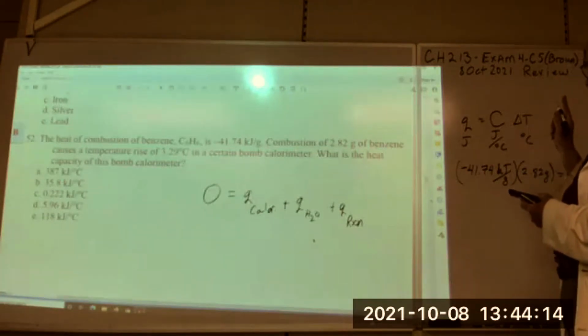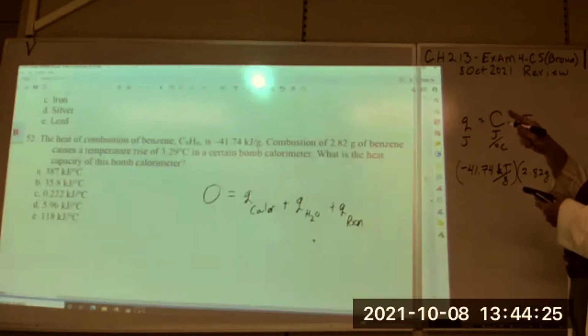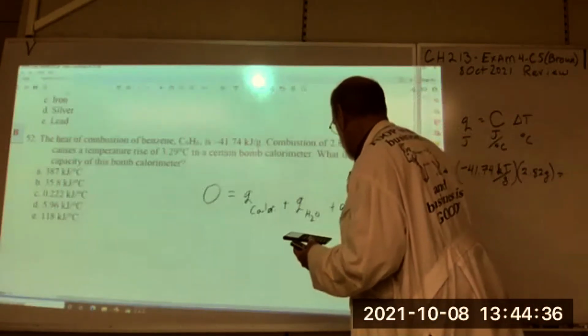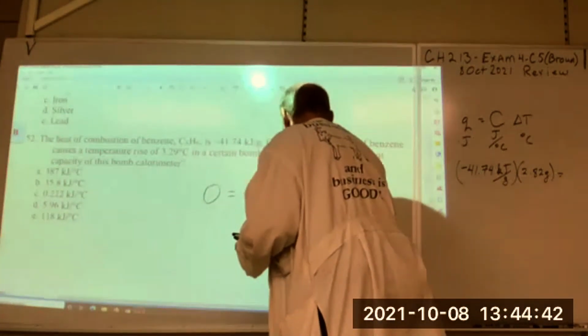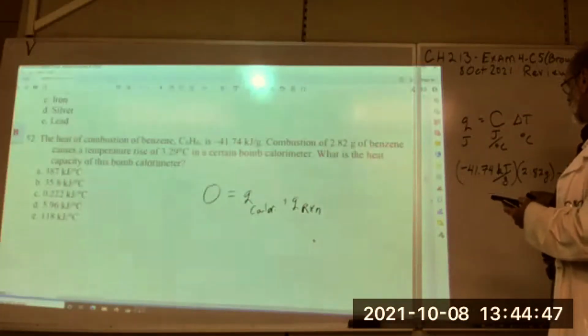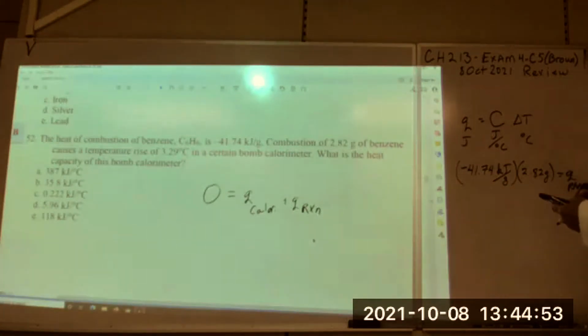Oh, excuse me, no it doesn't. Hold on a second. Temperature to rise 3.29 degrees C in a certain bomb calorimeter. Okay, so what we've got here is this here. There, that's the Q of the reaction. So this is the Q of the reaction. Let's see.